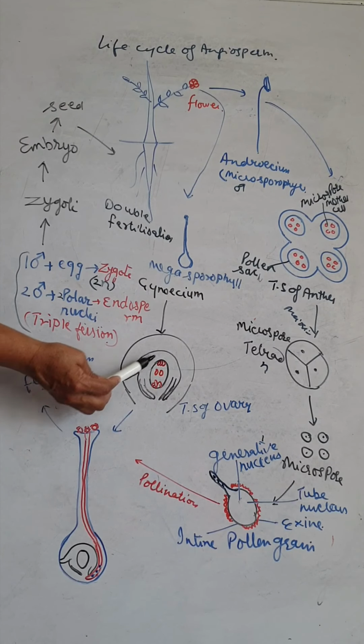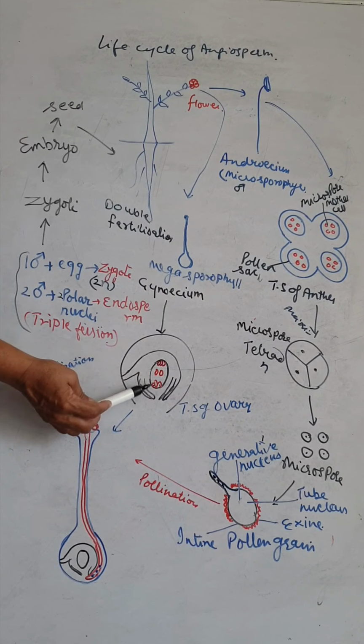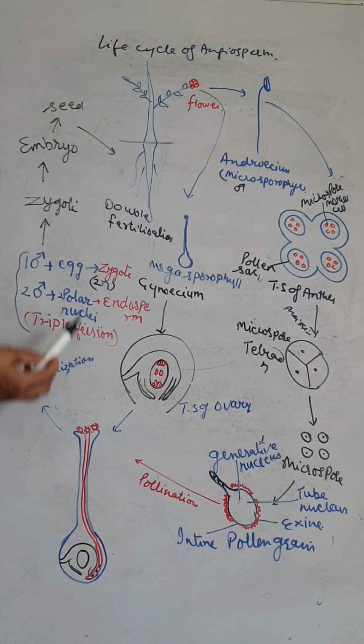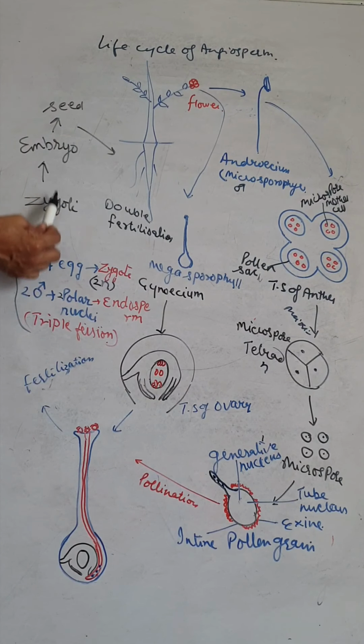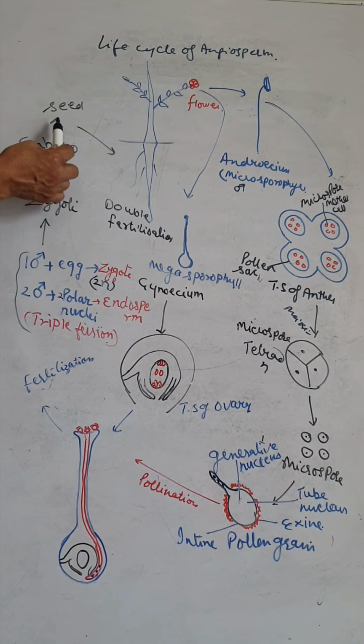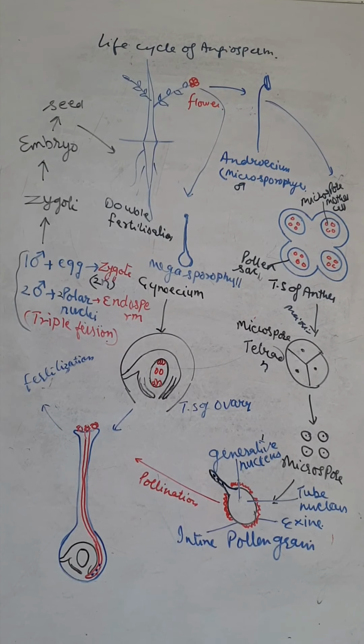The female gametophyte, the embryo sac, is there. Then pollination, then fertilization, the double fertilization, zygote formation and the triple fusion. The zygote undergoes mitosis to form the embryo, then the seed, and again the sporophyte is formed. So this is the life cycle of angiosperm.